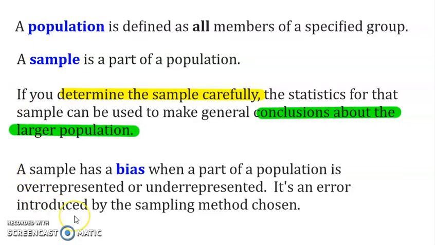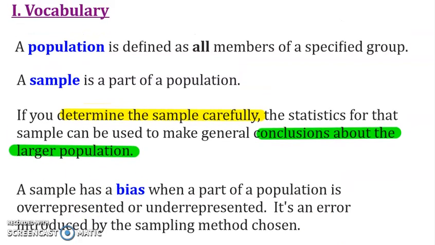Anytime you have a sample where a certain group of people is overrepresented or underrepresented, you create what is called a bias. So a bias is kind of like an unfair leaning one way or the other. And typically that'll happen if you choose your sample group incorrectly, or if you survey them in a way that might influence their decisions one way versus the other.